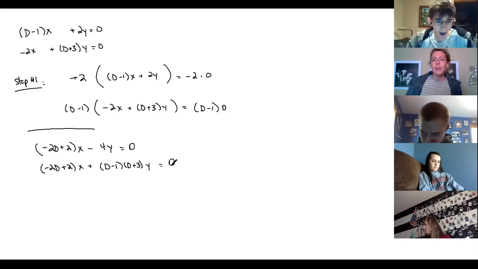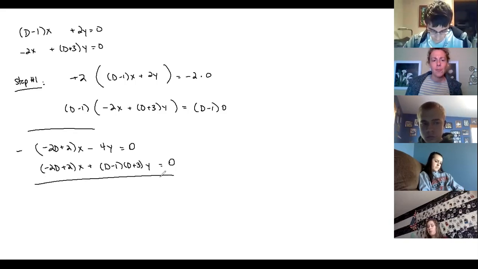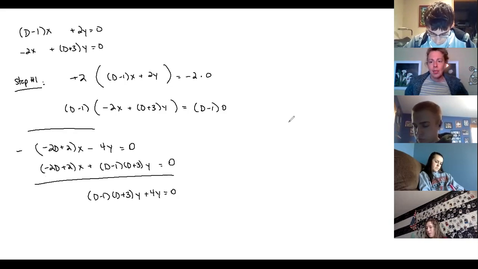This is good. And I'm going to subtract the first equation from the second equation, because that will let me deal with fewer things being negative. So I end up with (D minus 1)(D plus 3)y plus 4y equals 0. If I subtract that first equation from the second one, I'm just going to subtract in the opposite order in order to make this a little bit easier to deal with.